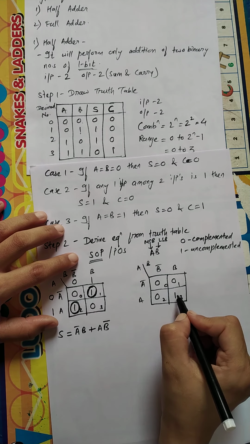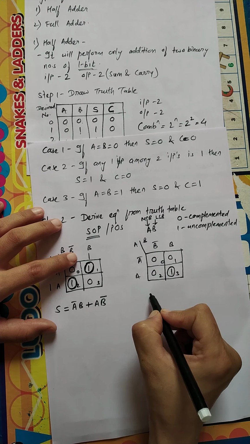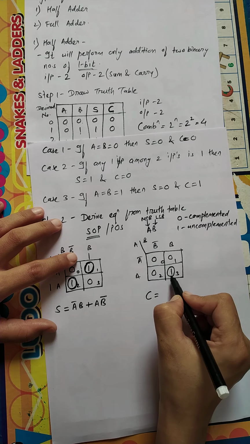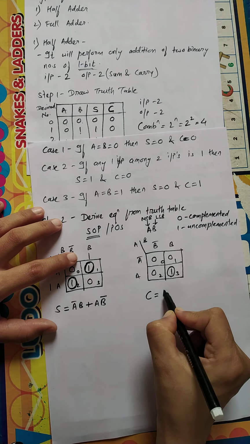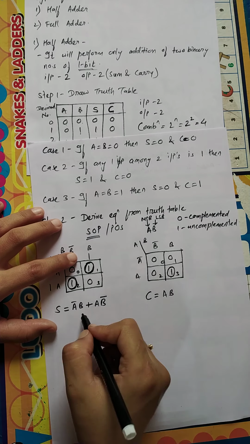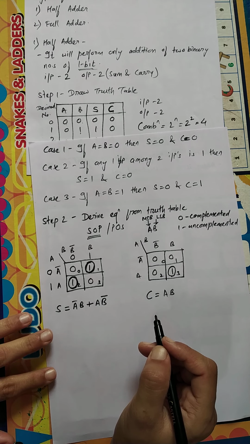Now you can see that only a single one is there in this K map, so I have to group this single one, right, to get the carry equation. So C equal to, for this group I will get the term AB, right. So these are the two equations I get for sum and carry.